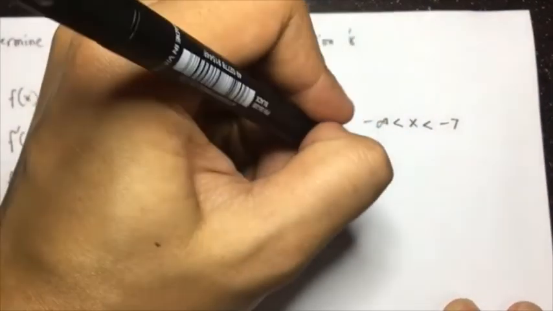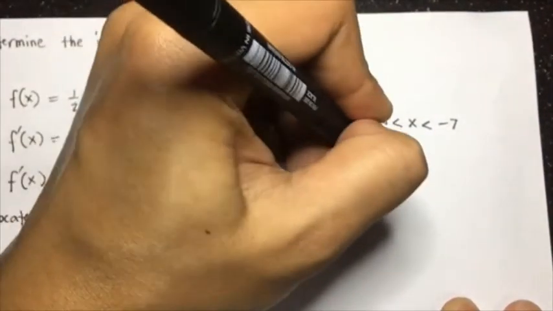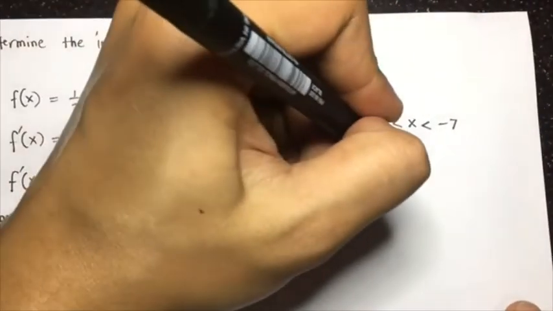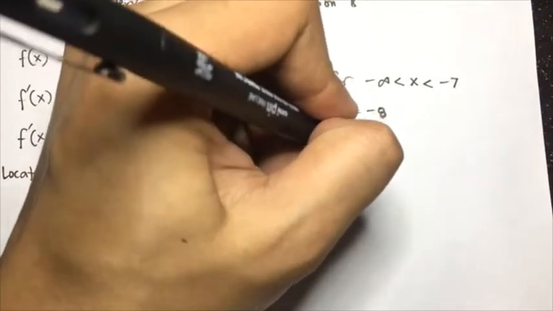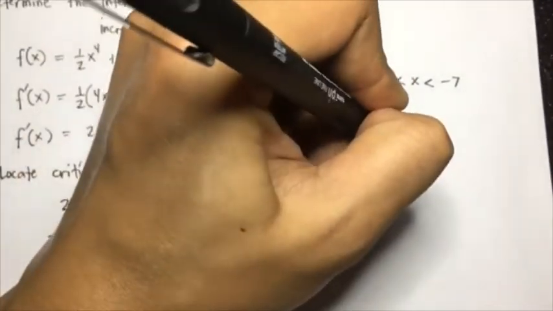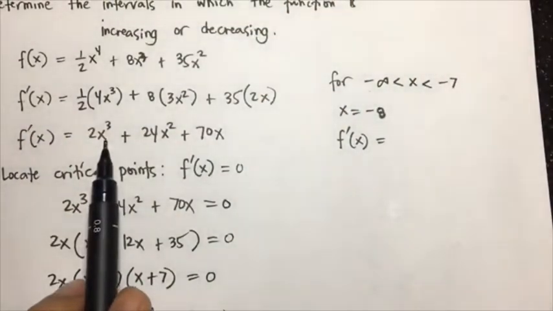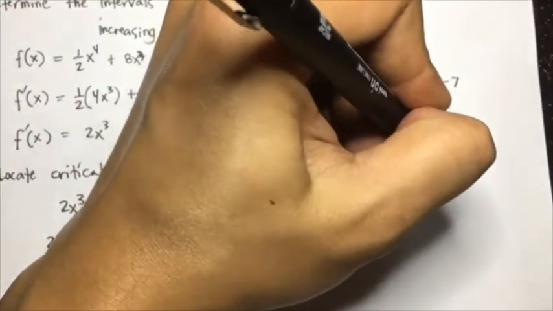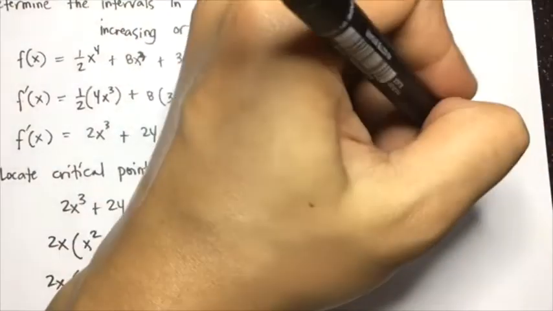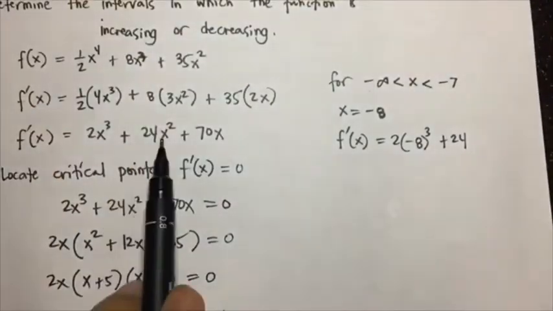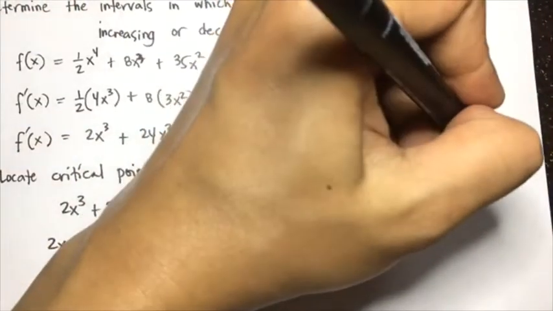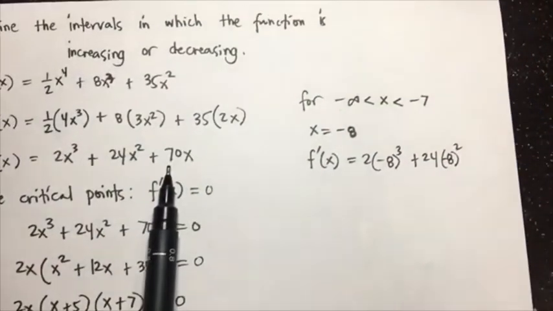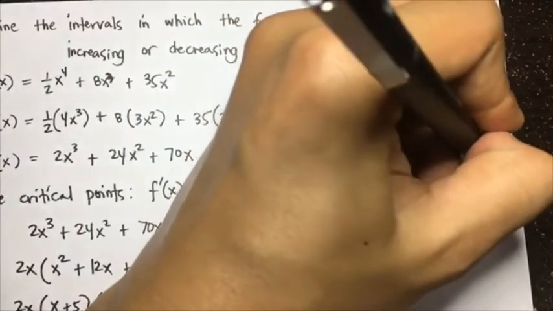Say for example, x is equal to negative 8. Substitute it in the first derivative. f prime of x is equal to 2 times negative 8 cubed plus 24 times negative 8 squared plus 70 times negative 8.